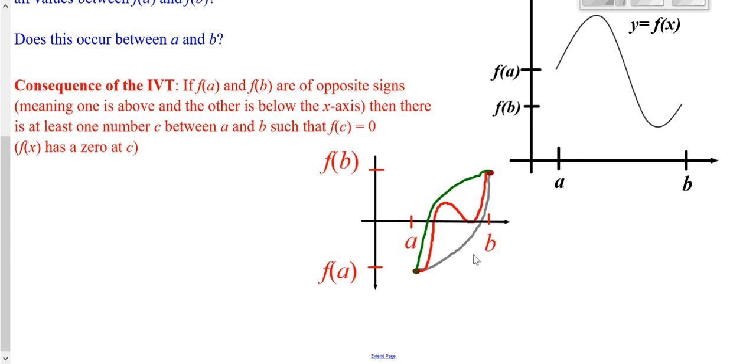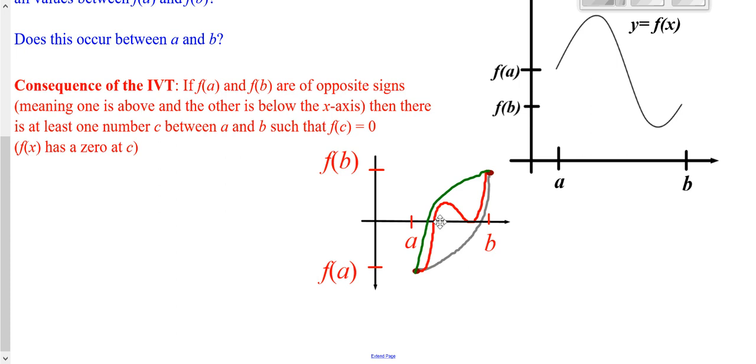We could come over and cross close to B. We could come up and cross close to A. We could come up, come back down, touch, and then go back up. But to be able to go from here up to here, we know we would have to cross the x-axis and have a 0 at least once.